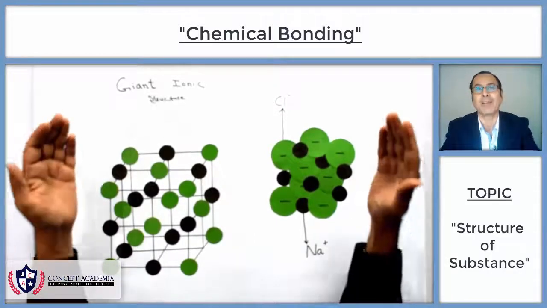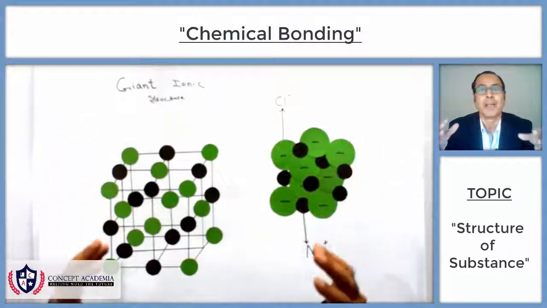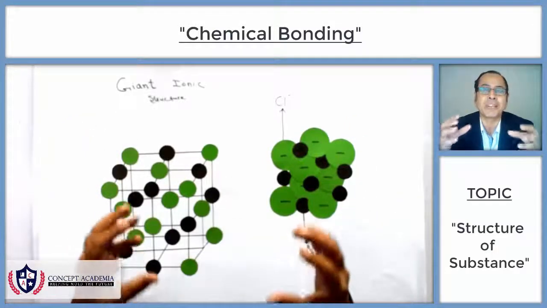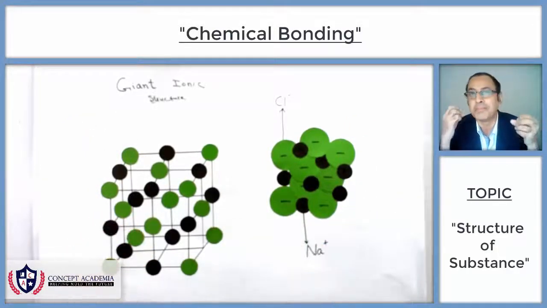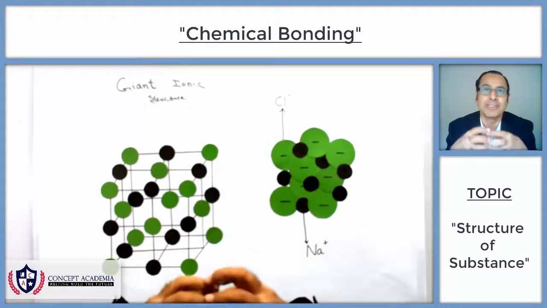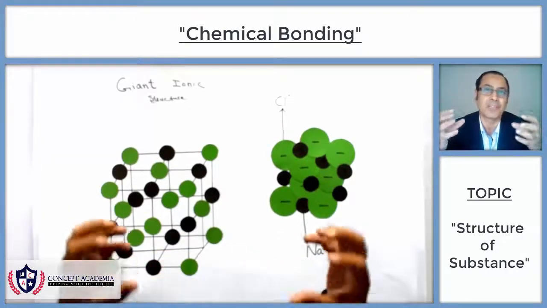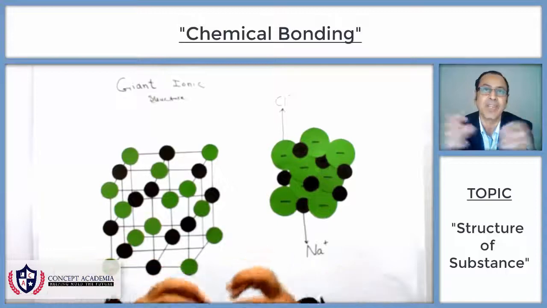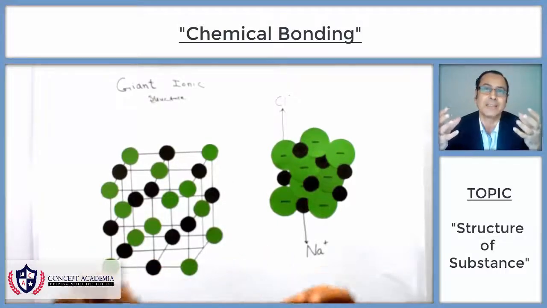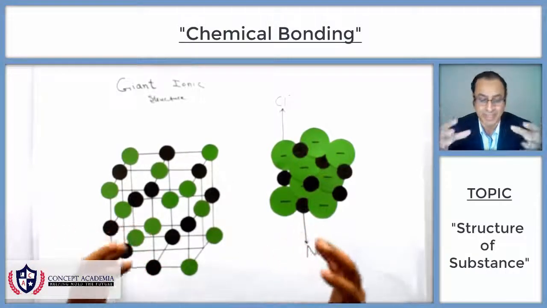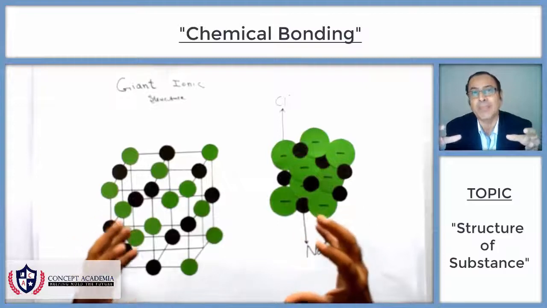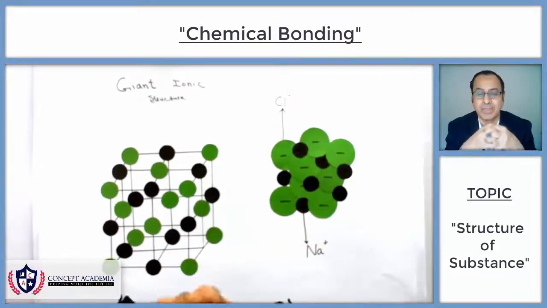Right now we have discussed that the ionic bonding is formed by the positive and negative ions. The force of attraction between the positive and negative ions is the base of the ionic bonding. And these positive and negative ions are closely attached together.